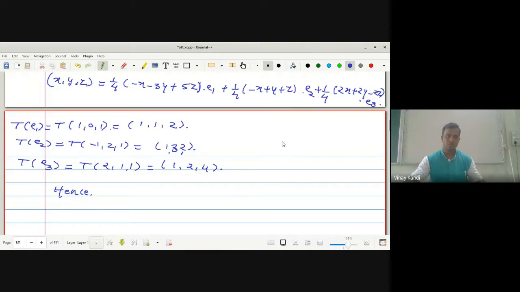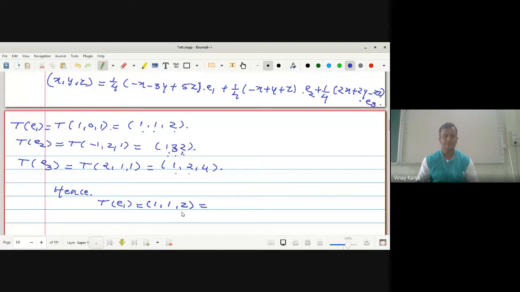Hence we get T of E1 is equal to (1, 1, 2), T of E2 is (1, 3, 2), and T of E3 is (1, 2, 4).